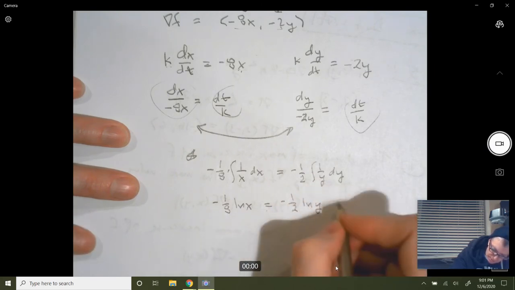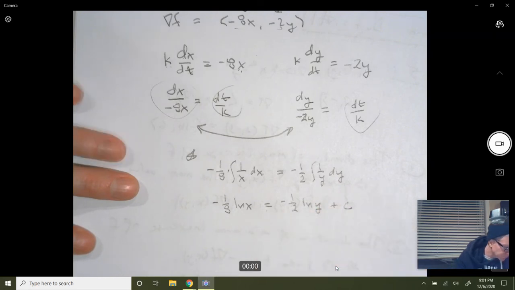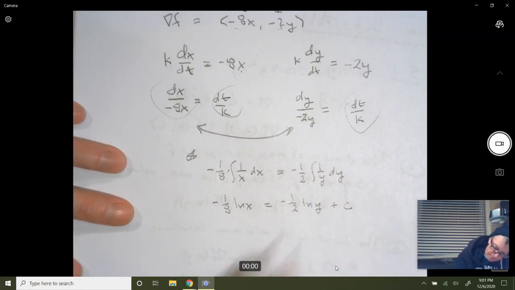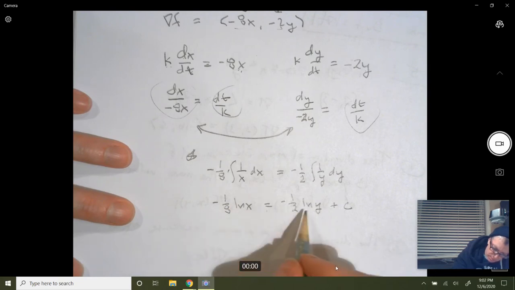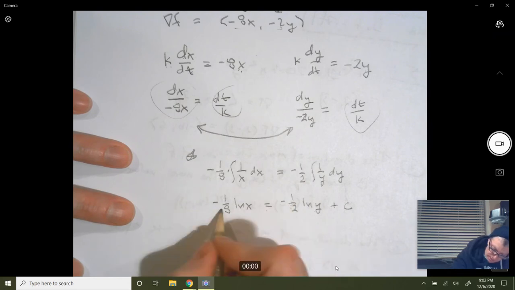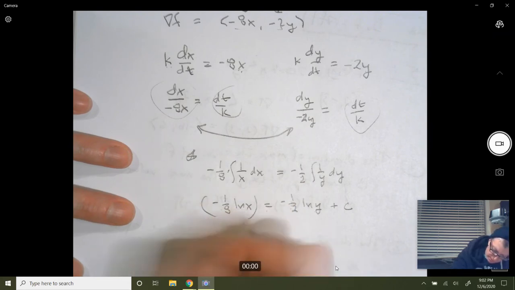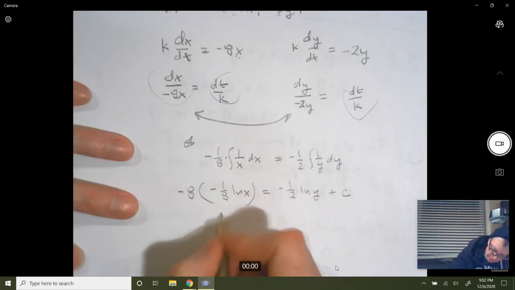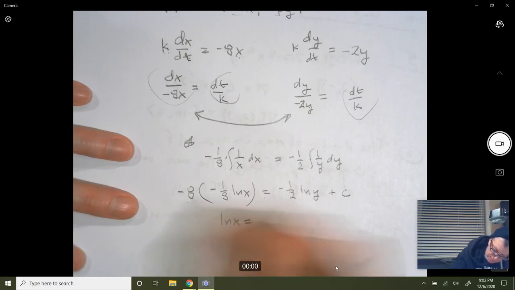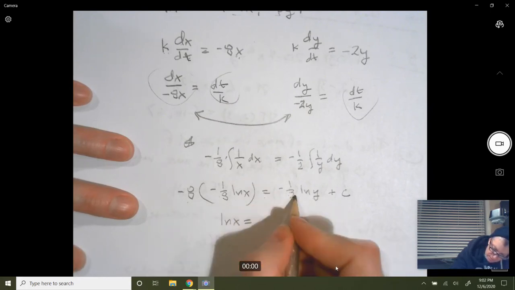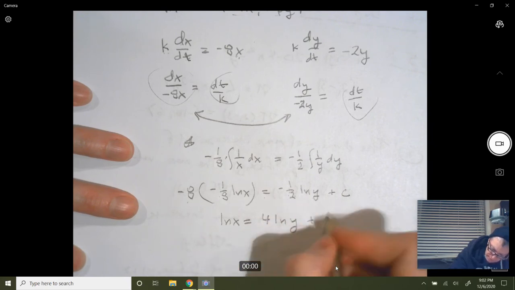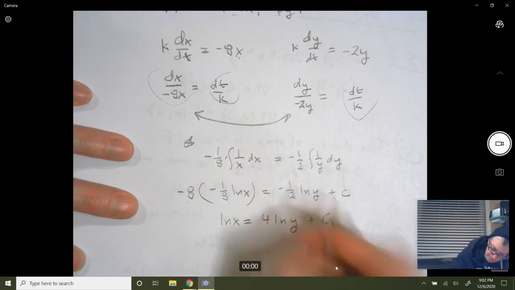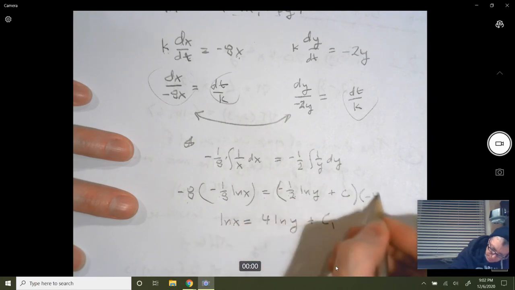We could say plus a constant. Okay. And then let's multiply both sides by negative 8. So multiplying by negative 8, we're going to get ln of x equals 4 ln of y plus c. We call that a c1 now, which is multiplied by negative 8.